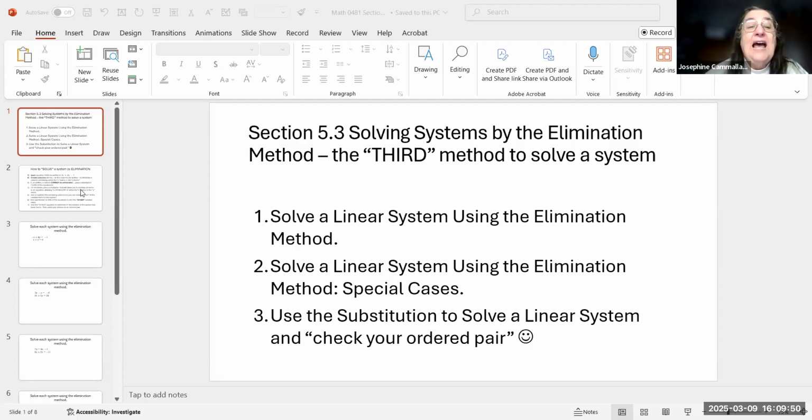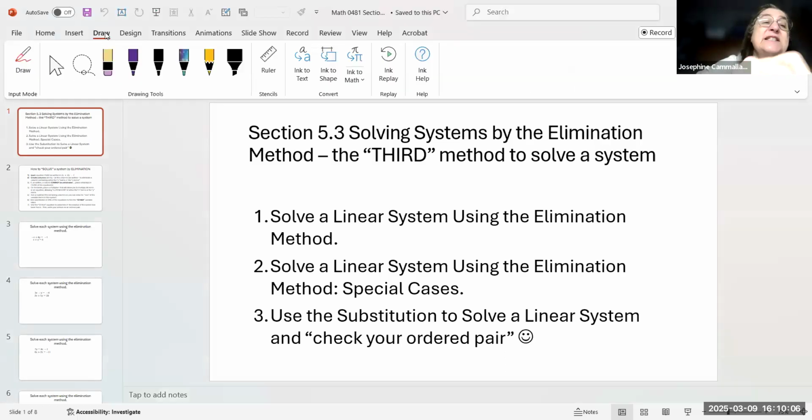Now, again, I always give you a series of steps to follow in case you are first learning this and you need some information as to how to move along. And we're also going to talk about some special cases that you're going to see.